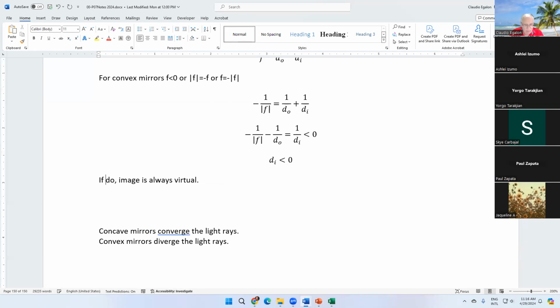Even better, for positive d naught, the image is always virtual. There can be a case in which d naught is negative, but we're not going to cover that in this course. That's why I'm making this distinction. It's always virtual.